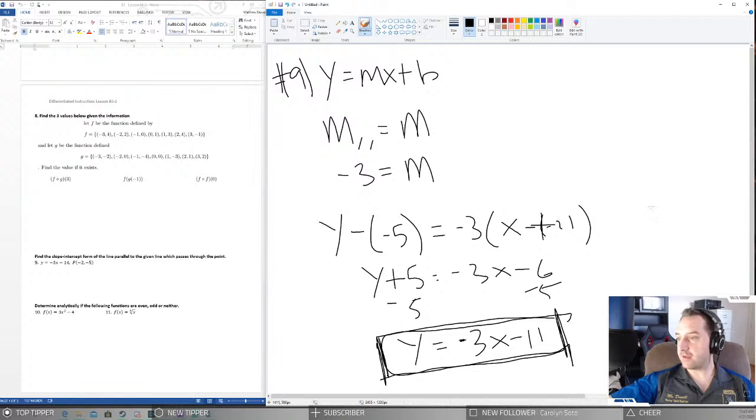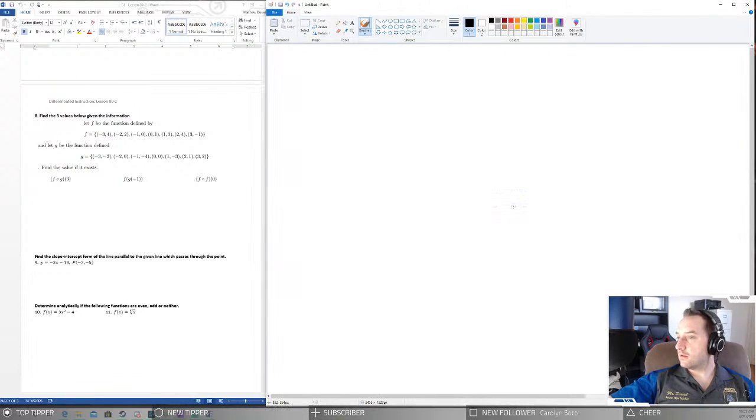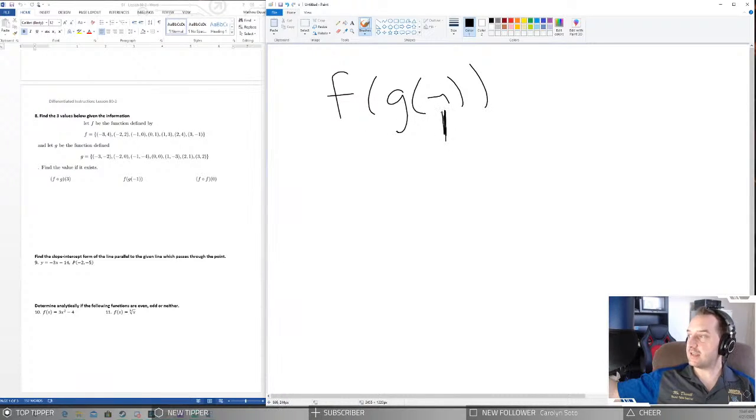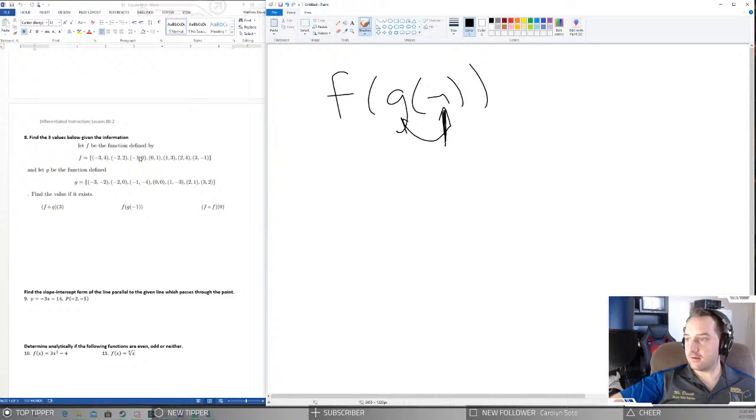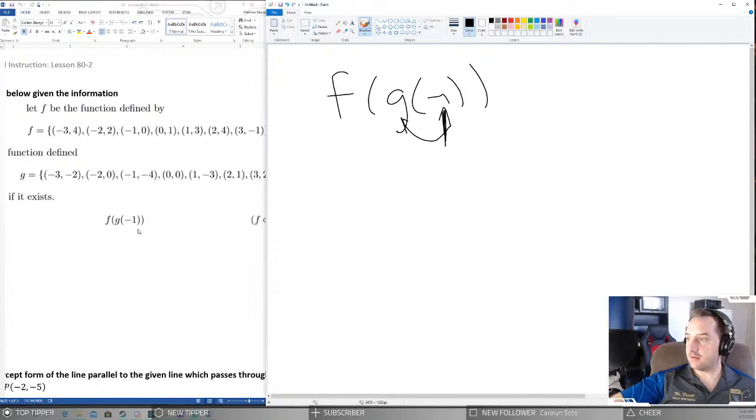All right, let's go back. Let's do another one. I'll just do the rest of them. For the next one, it says f of g of -1. This is saying take -1 and plug that into g. Right here, I'm going to zoom in. It says that where my g is -1, it's going to give me -4.